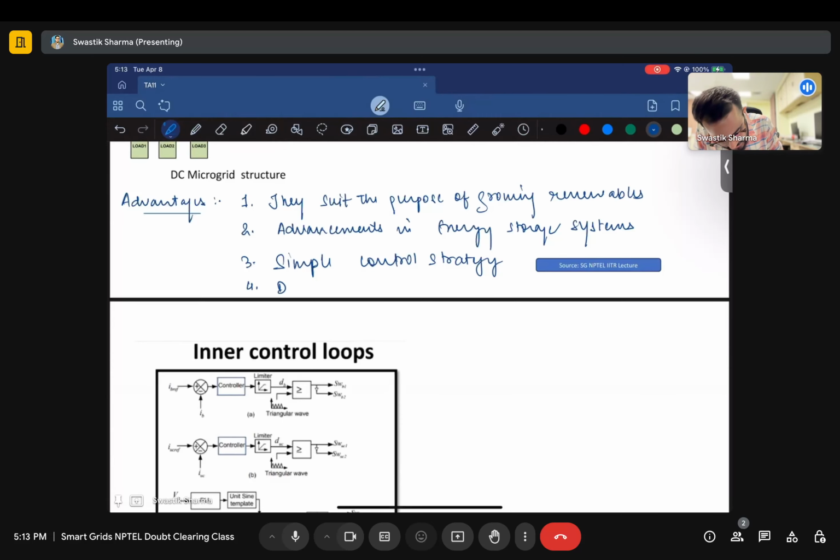Next is direct connection to loads. You see, most of the loads that we use at our home are now becoming DC, right?